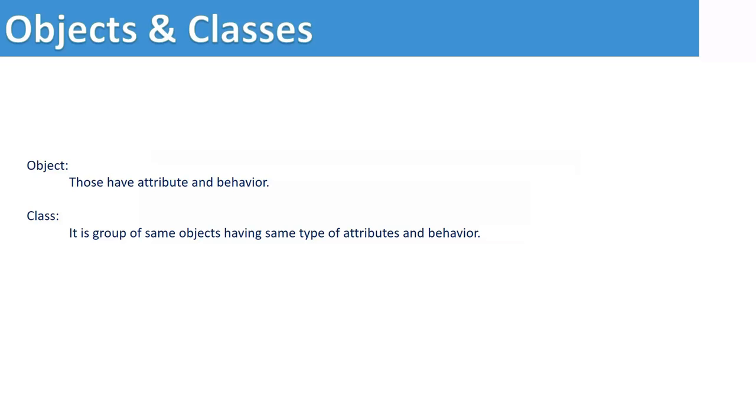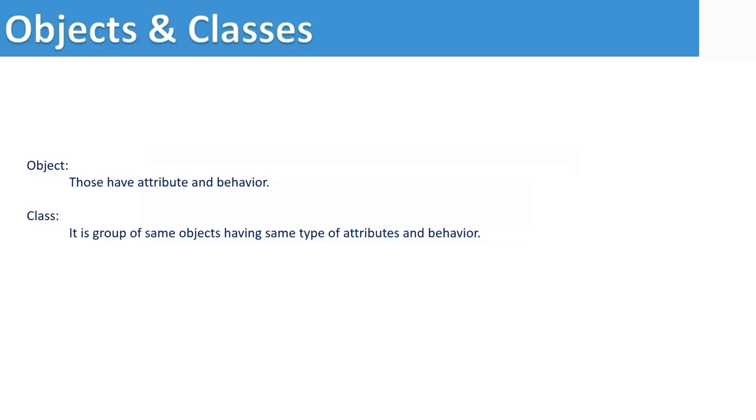So here her attributes are her identity, and what she is doing is her behavior. So here we can say that the identity of an object is its attribute, and tasks done by the object are known as behavior.